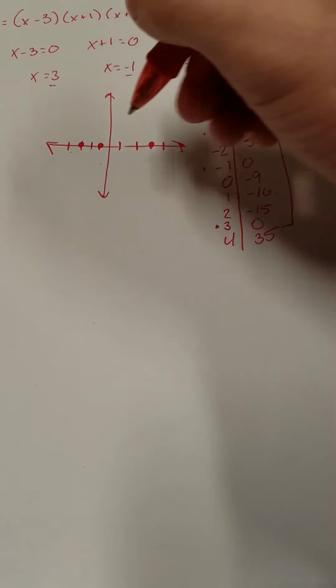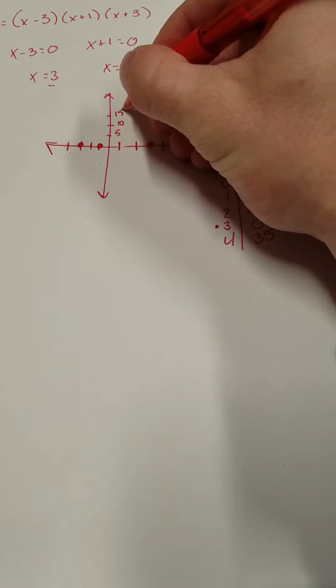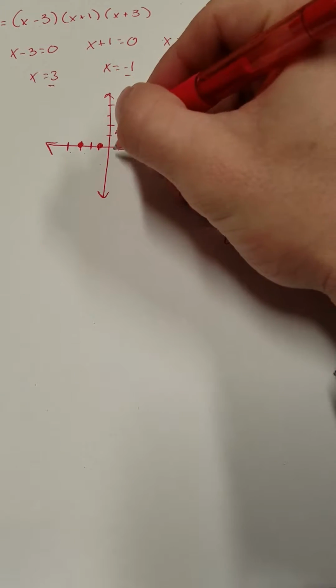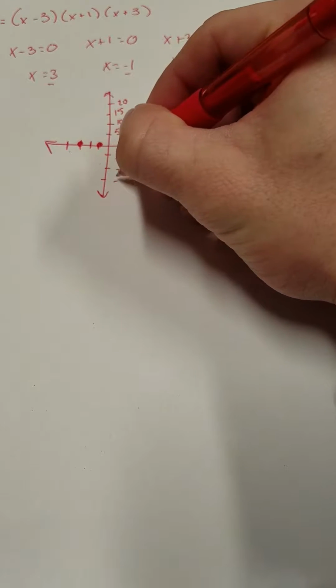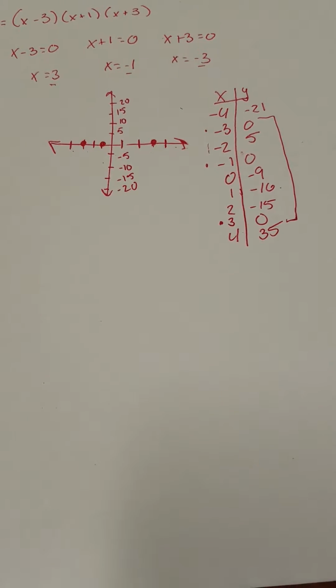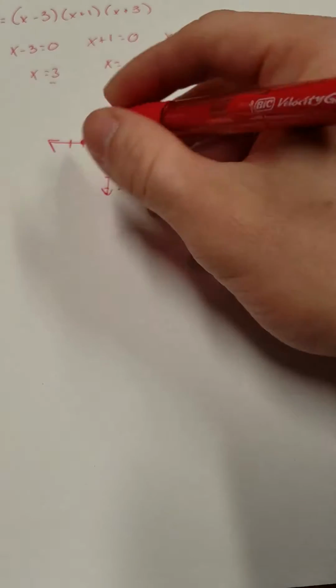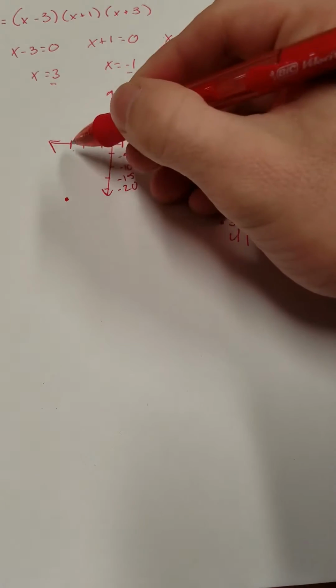So we're going to count by 5s. Negative 4, negative 21 is right there. Negative 3, 0.